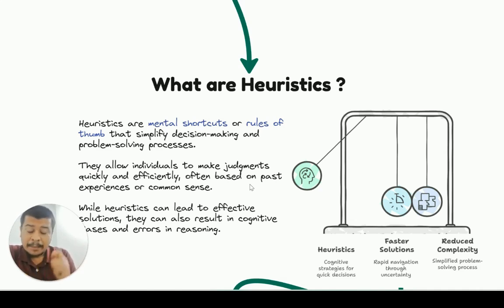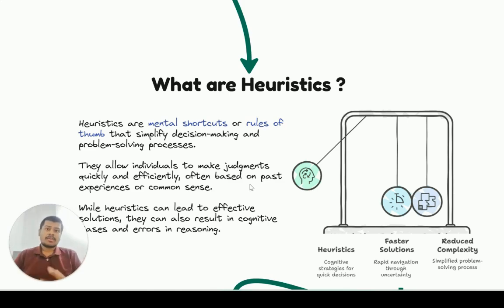How is that the case? Because they have a mental shortcut or an intuitive gut feeling for solving this problem, because they have experienced a similar kind of situation in their past. This is exactly how heuristic strategies work, right?